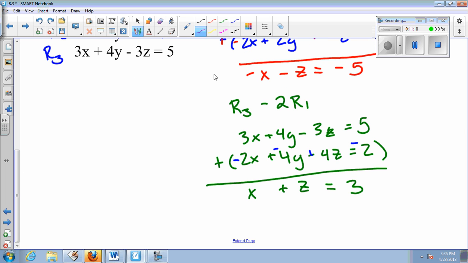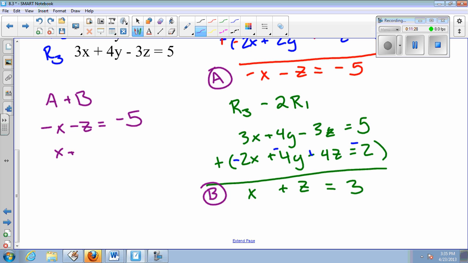So now our two new equations, lines A and B, we're going to add them to eliminate x. Negative x minus z equals negative 5. x plus z equals 3.